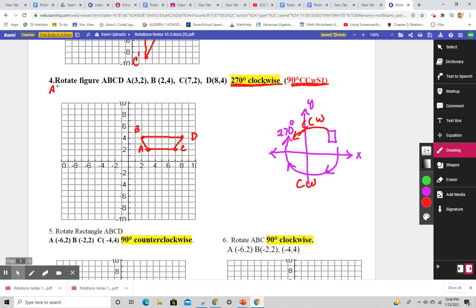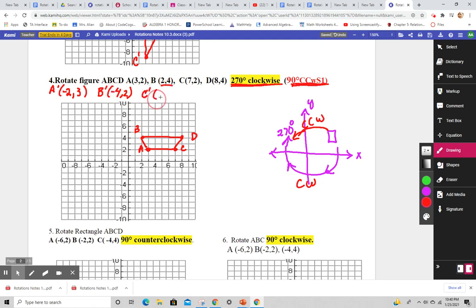So A prime, switch X and Y, so I'm going to have 2, 3, and change the sign of the first. B prime, switch X and Y, so we'll have 4, 2, instead of 2, 4, and change the sign of the first.